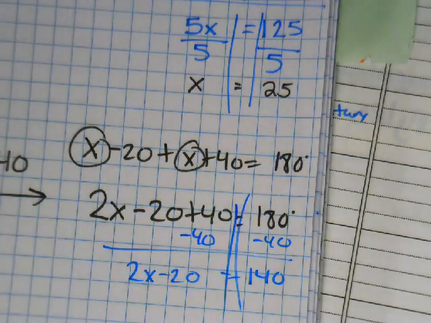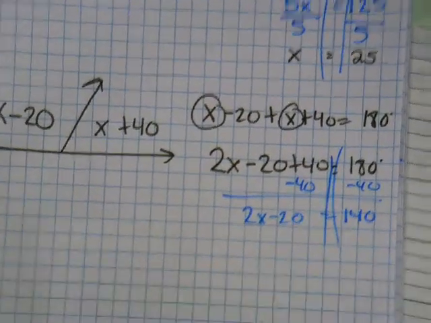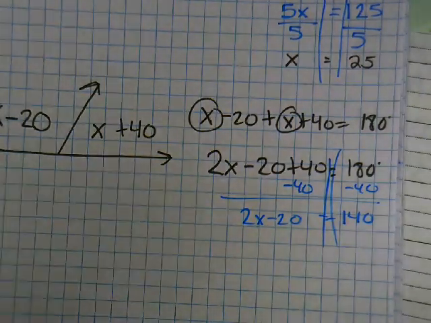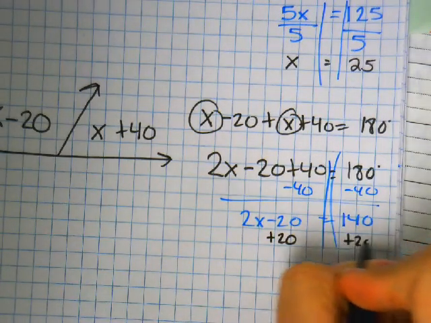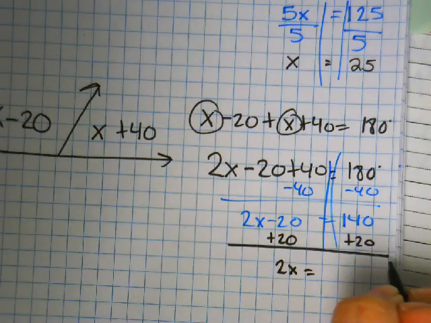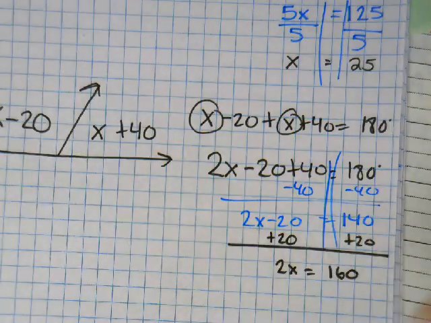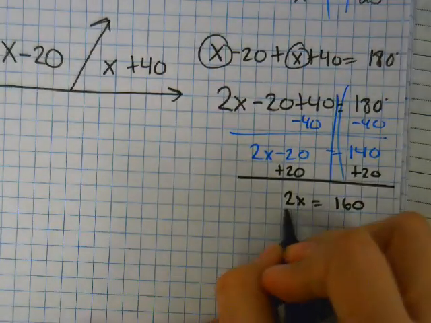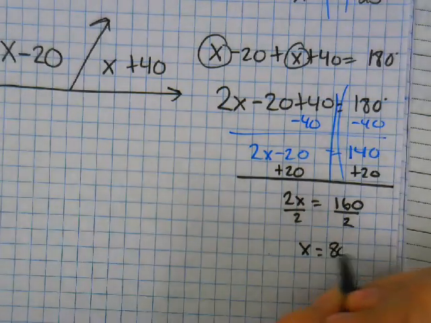So I got to switch it to addition. What's 140 plus 20? 160. What is my very last step? Divide by 2. X equals 80.